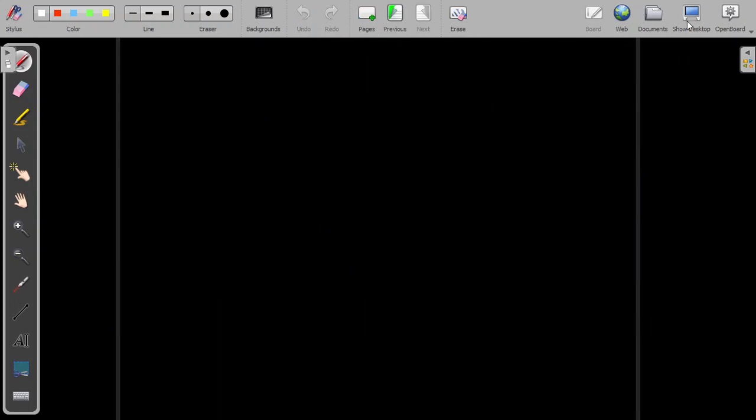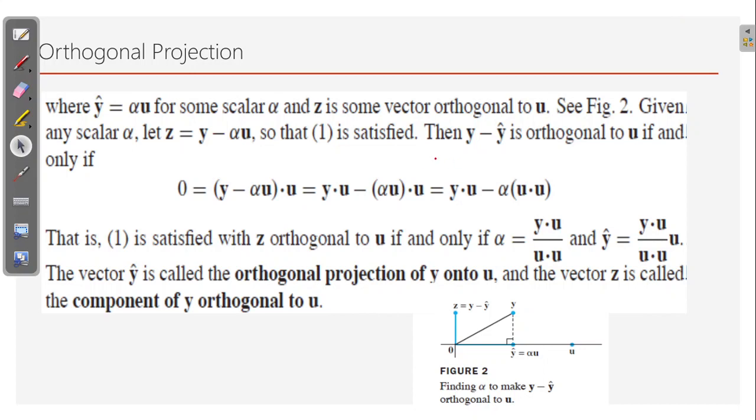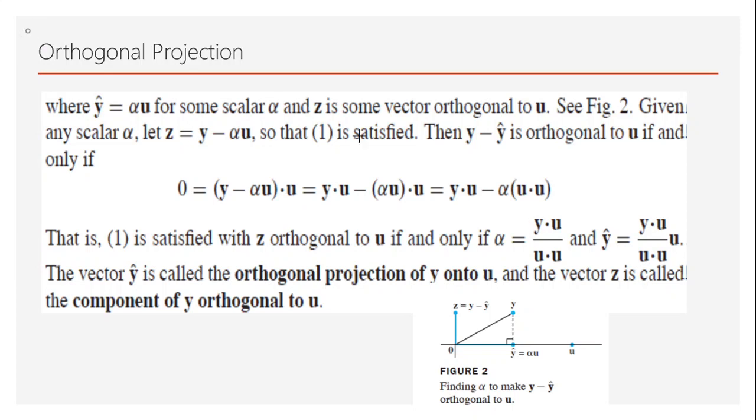Right. Now, y minus y cap is nothing but your z as per the equation.